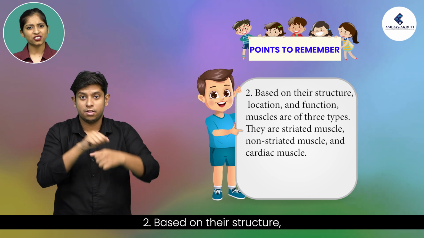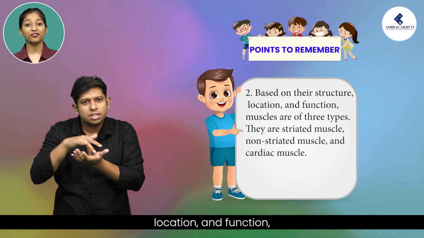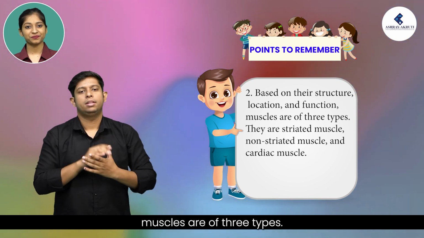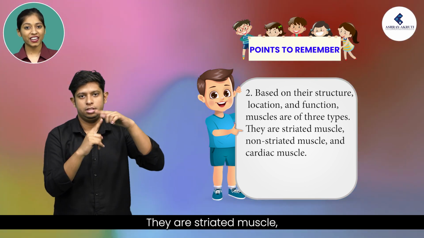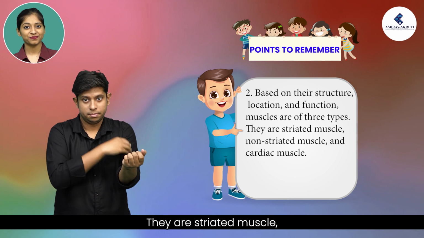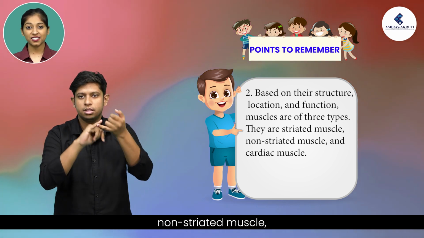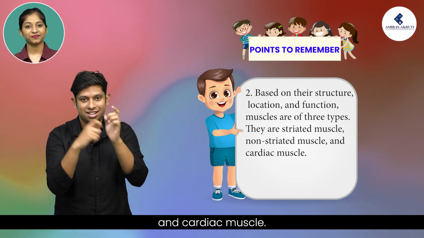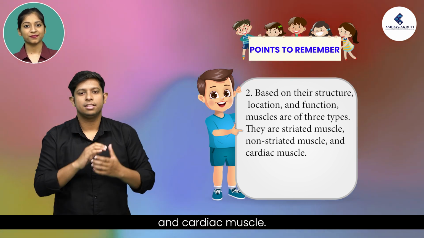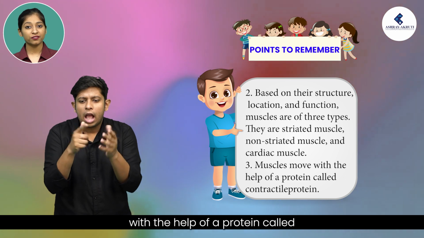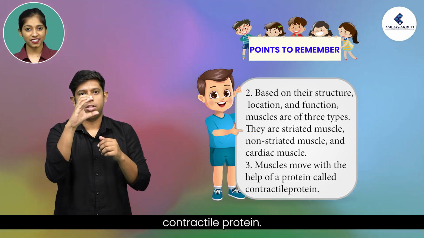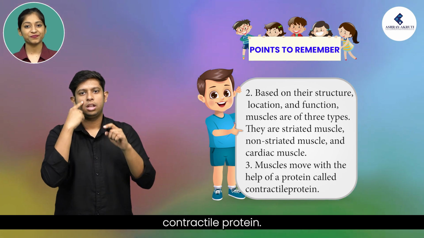Based on their structure, location and function, muscles are three types. They are striated muscle, non-striated muscle and cardiac muscle. Muscles move with the help of a protein called contractile protein.